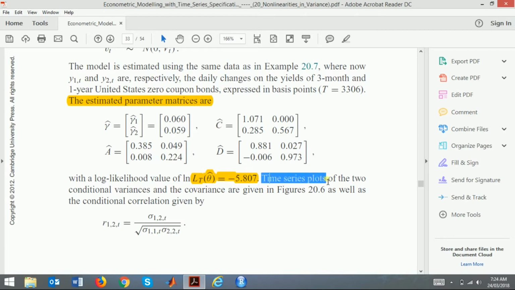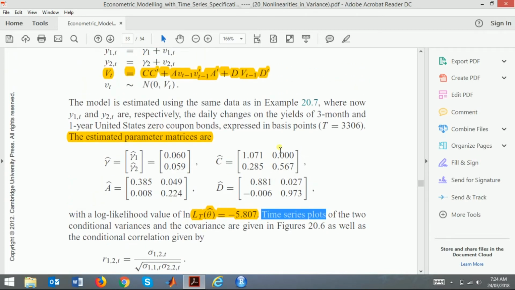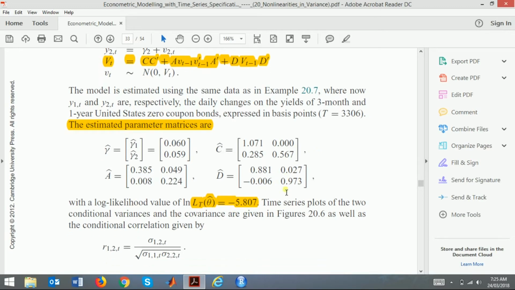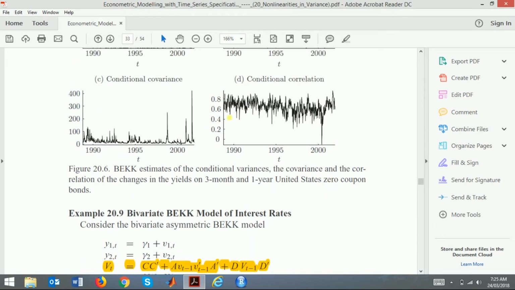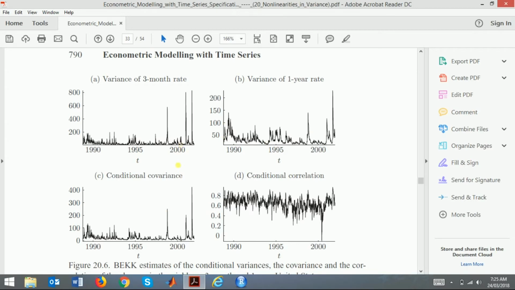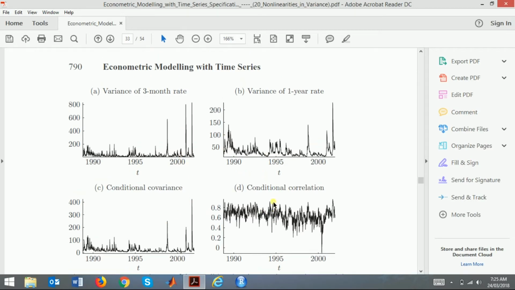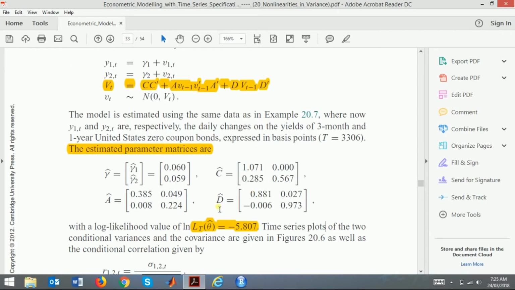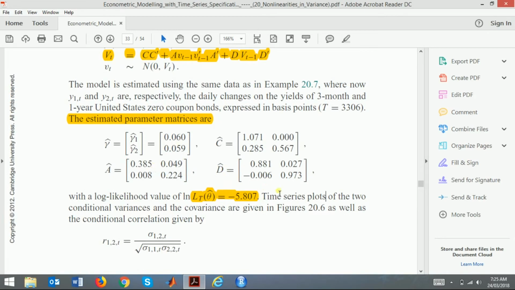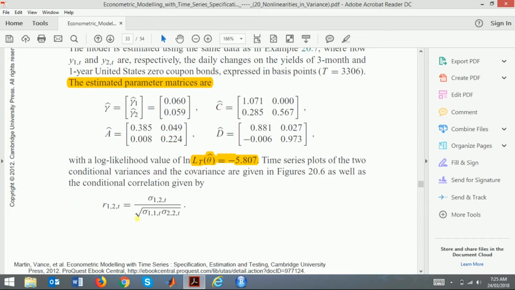The time series plots of the two conditional variances and the covariances. What are the variances? The time series plots of the two conditional variances, the covariances and the conditional correlation are given in figure 20.6.